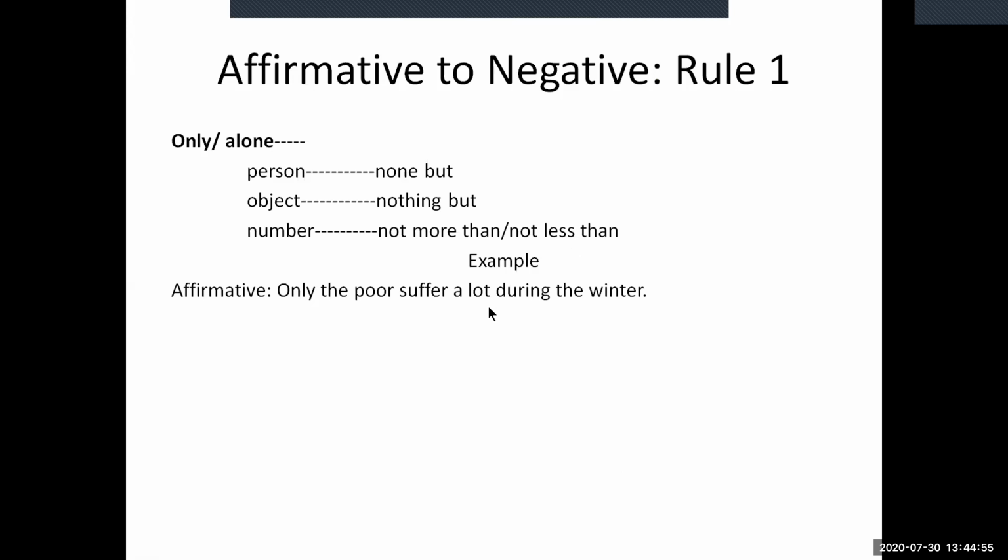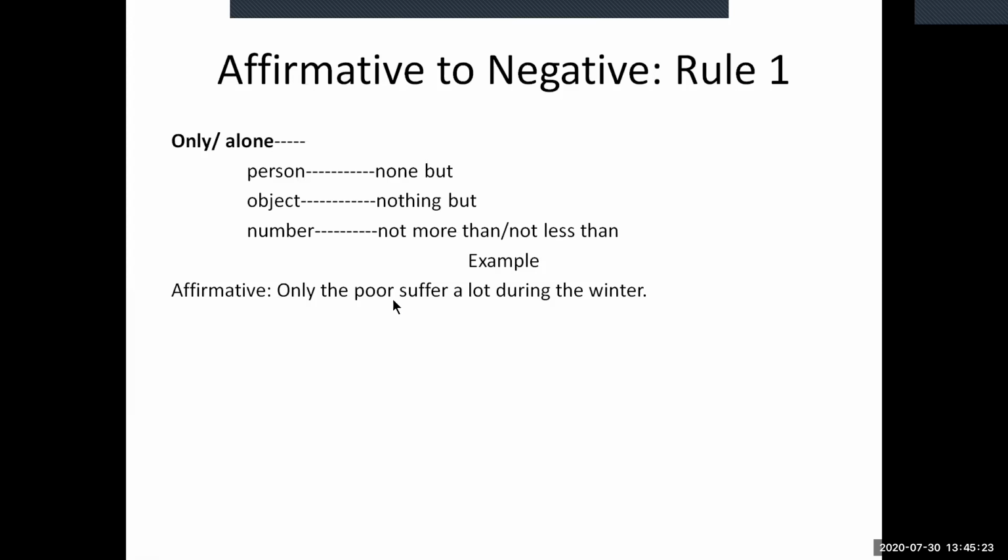Only the poor suffer a lot during the winter. You see that in this sentence, the word only is used before the noun poor. You know that the word poor here is an adjective and the article the as used before an adjective means the plural noun, which indicates all the poor people of the world.